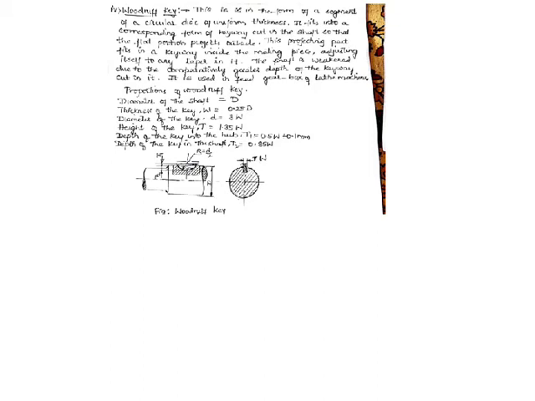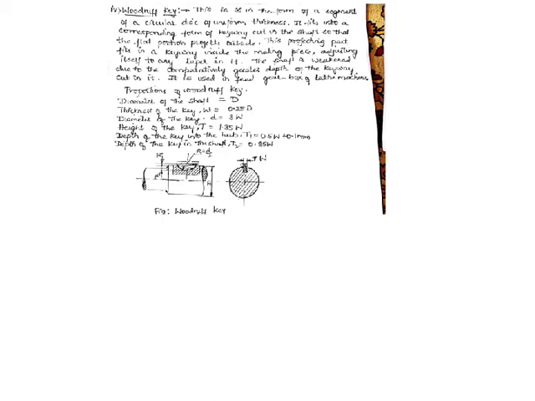The thickness of the key, which we can see in the side view, is indicated as W, and W is 0.25 times the diameter. Then the diameter of the key, because the key is also semicircular in nature, is indicated by small d, which is equal to 3 times the width, that is, width or thickness.